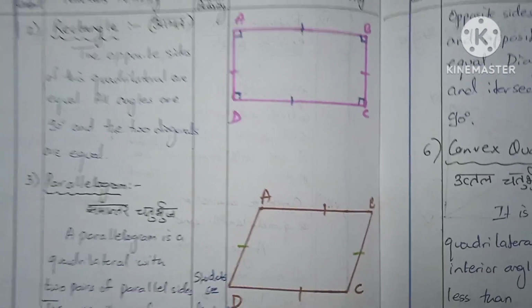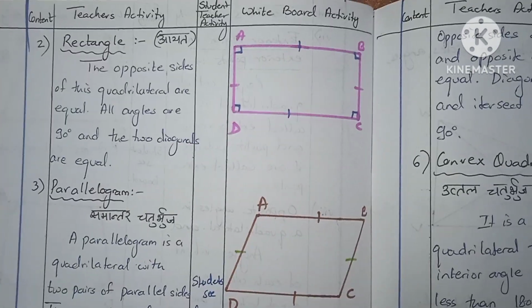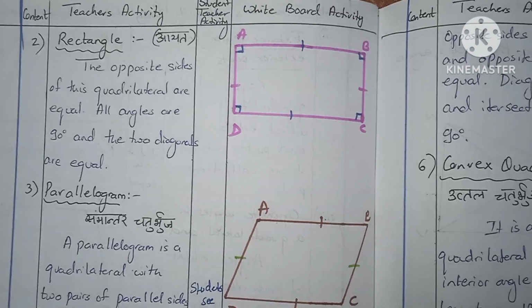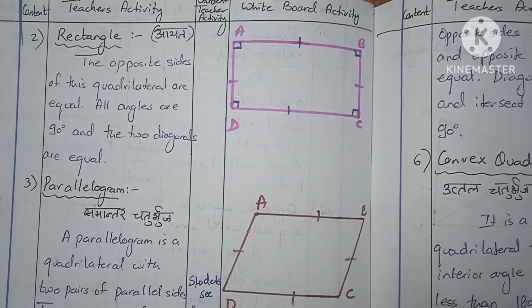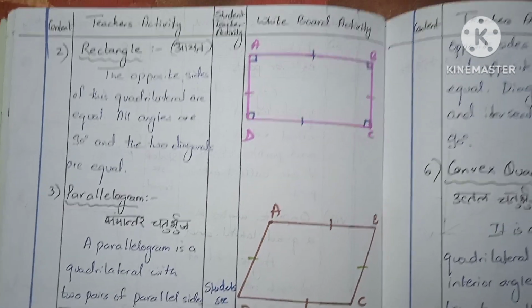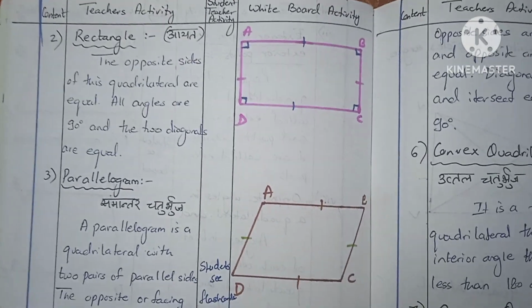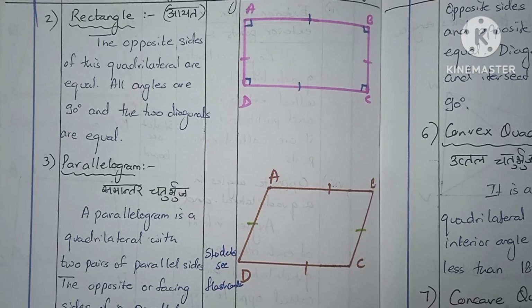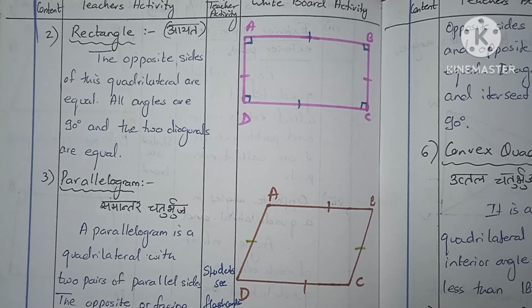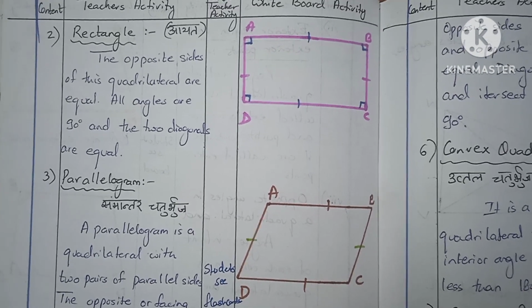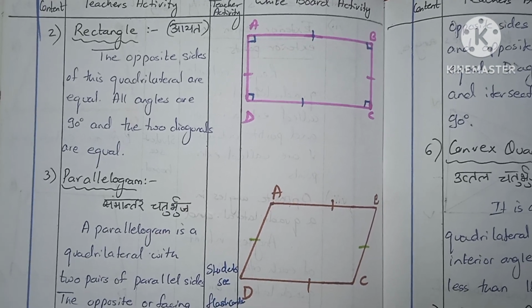Again over here she explains that the opposite sides in a rectangle are equal and all the angles are again 90 degrees. The diagonals are also equal in a rectangle. A rectangle is called ayat in Hindi and a square is called varg in Hindi.